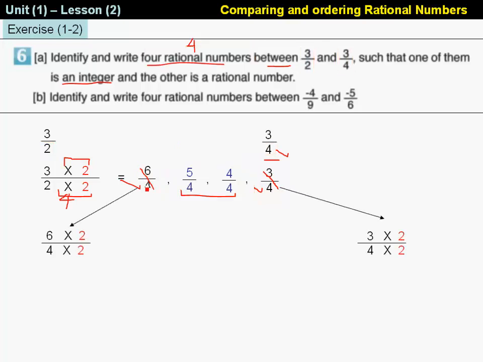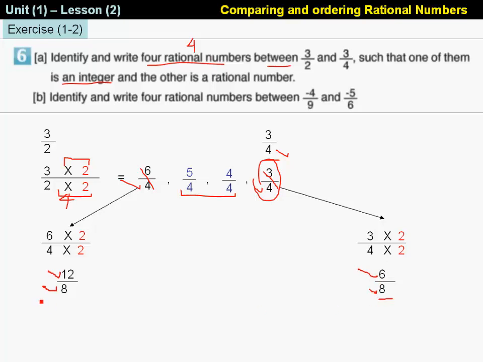Take this one, multiply both numerator and denominator by 2, and also this rational number, multiply numerator and denominator by the same number, which is 2. So this will become 12 over 8, and this will be 6 over 8.